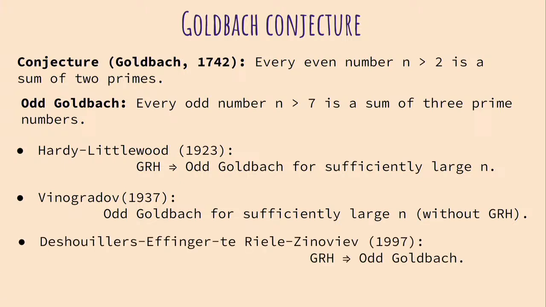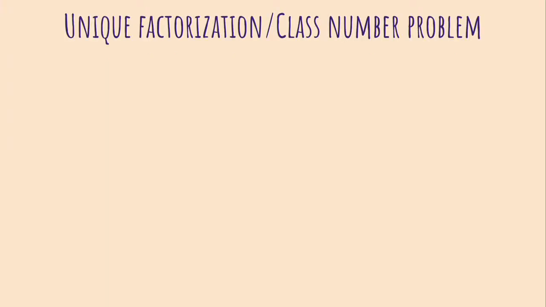And more recently, Deshouillers, Effinger, te Riele and Zinoviev in 97 proved that this odd Goldbach is true for all numbers greater than 7 under GRH. And with some really groundbreaking work of the 21st century, finally this odd Goldbach conjecture is settled by Harald Helfgott. So here is again another example where GRH had already told you something is true, and it took more sophisticated techniques and time to get the theorem unconditionally.